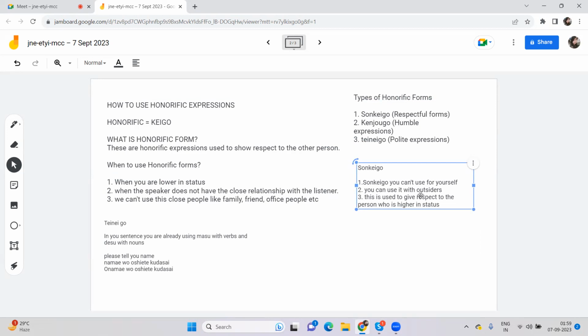Now I will also give you the example. So the example is: Honnin no namae o shitteimasu ka.